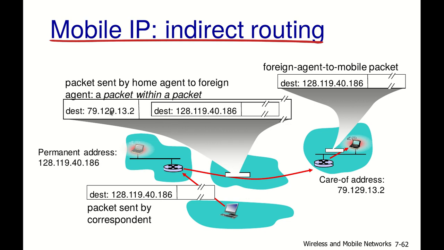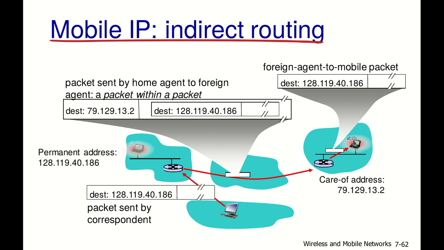This care of address is actually the address of the router or the foreign agent in the visiting network. Now when this packet arrives at the foreign agent, it will be decapsulated. The foreign agent will find a packet where the destination address is the permanent address of the mobile agent, so the foreign agent will forward this to the mobile agent.